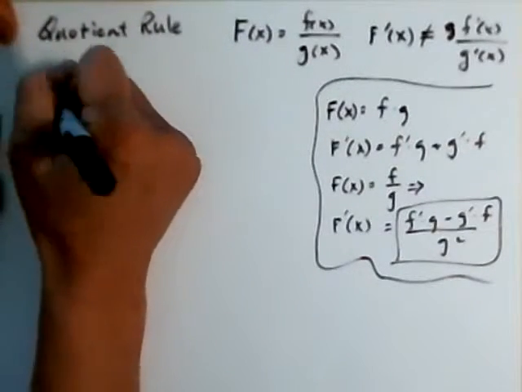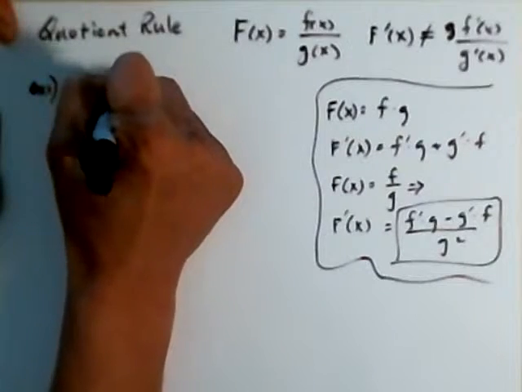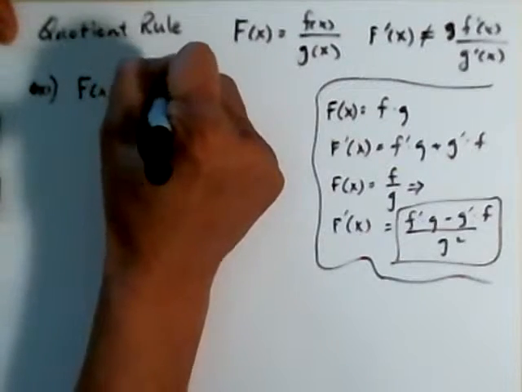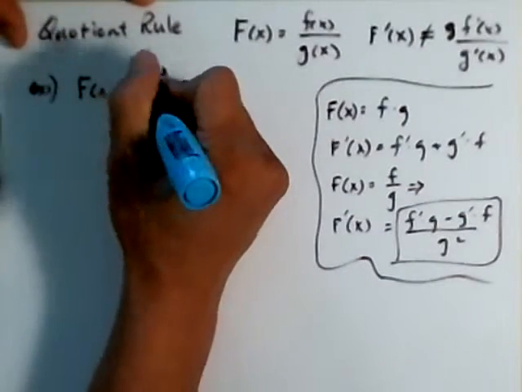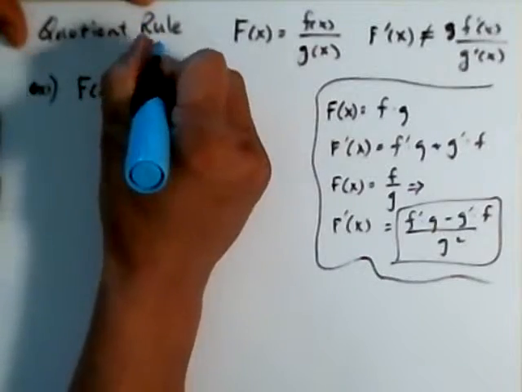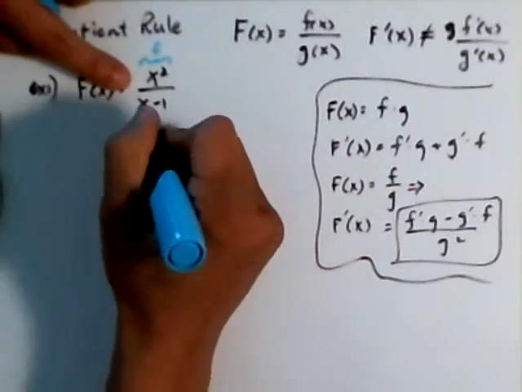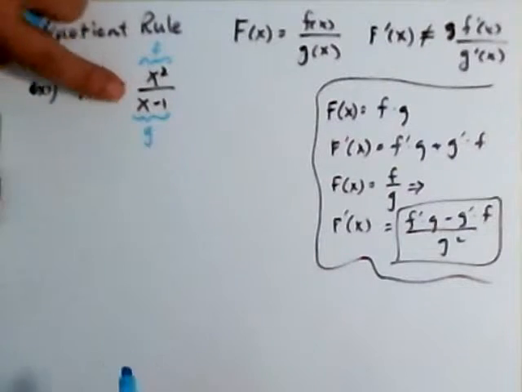Example number 1. Let's say f of x is equal to x squared over x minus 1. First thing you want to do every single time until you get used to it, label that the top function is f. F goes before g, so there's your g function.